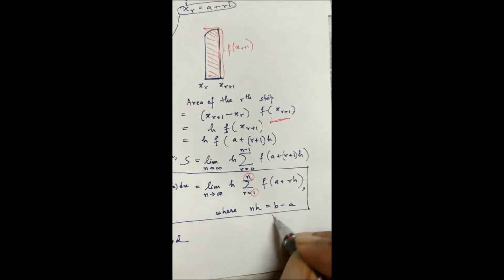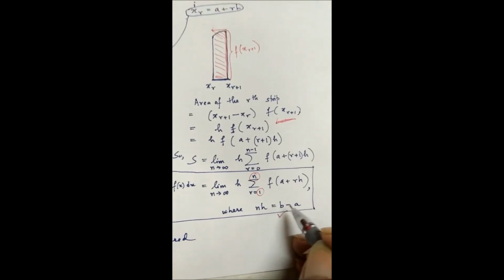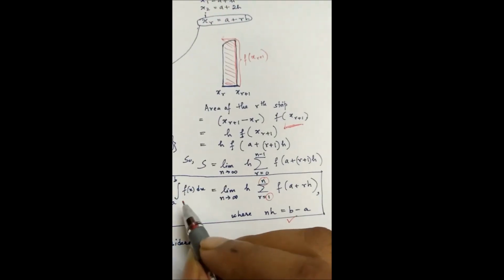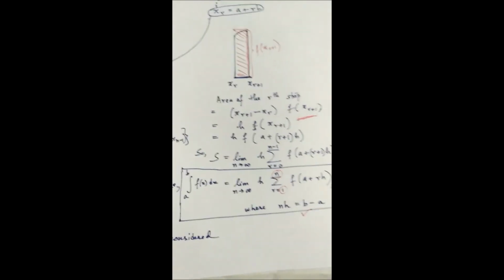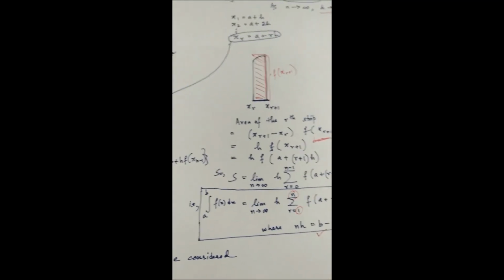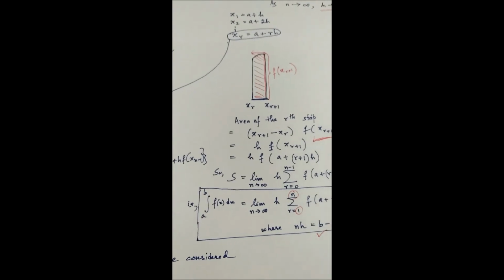Note that you have to write this one. This is crucial, that nh is equal to b minus a, depending on the limit, and the definite integral depending on the function. So this much for today. Of course, this idea can be extended to advanced concepts, but for the time being, I think this will be helpful. Okay, so thank you.